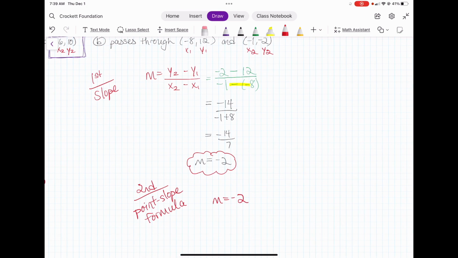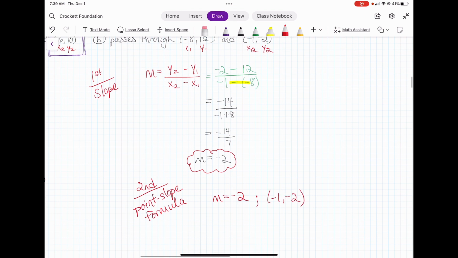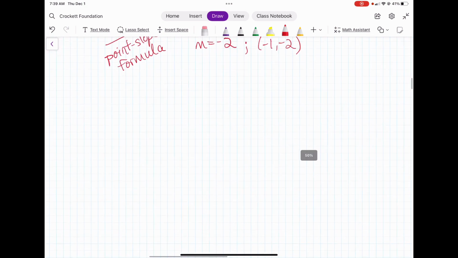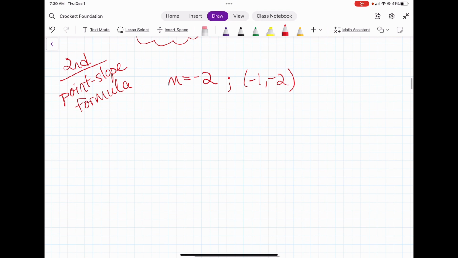This time, I'm going to use the second point. So our second point this time is -1, -2. Okay? And let's go ahead and I need to write out the point-slope formula. Point-slope formula is y minus y1 equals m times x minus x1.